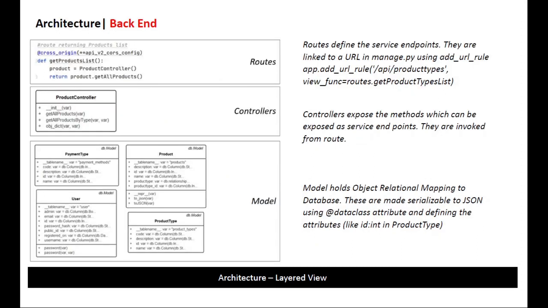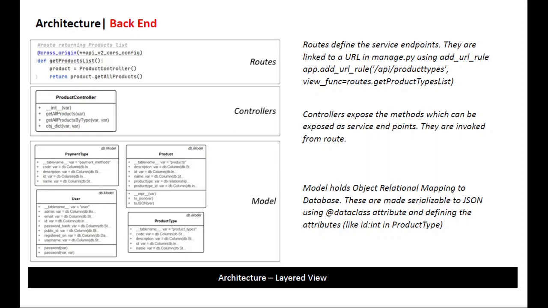When we go into further detail on the backend architecture, it has three layers: model, controllers, and routes. The model holds all the object relational mapping to the database. The objects are made serializable to JSON using the @dataclass attribute as well.